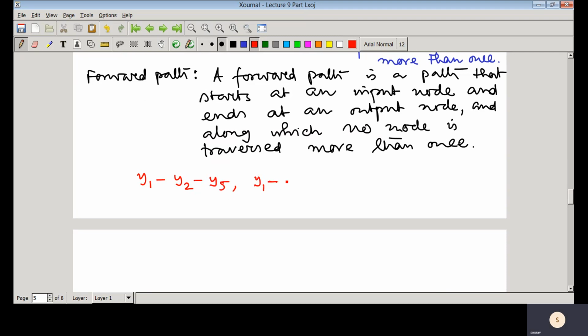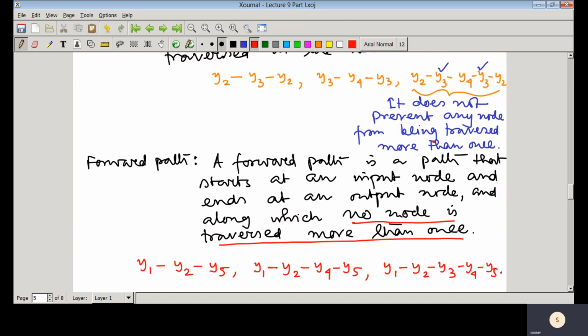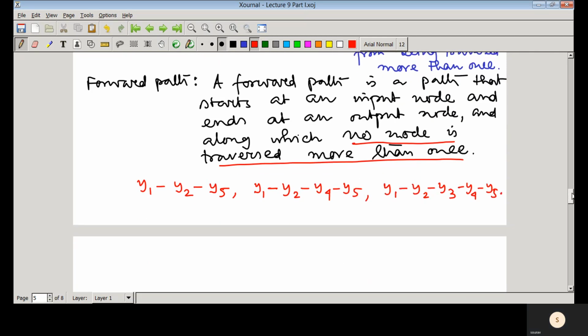Another forward path is y1, y2, y4 and y5, and another one is y1, y2, y3, y4, y5. Here you can see that no node is traversed more than once. This is different from the path.